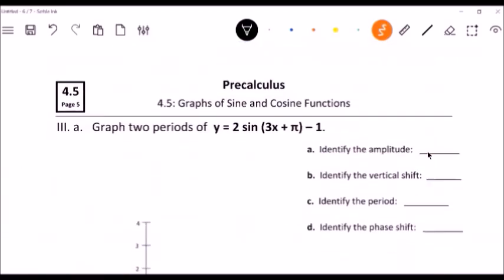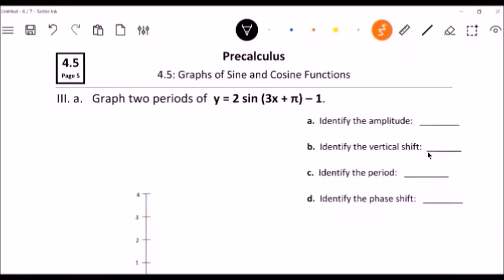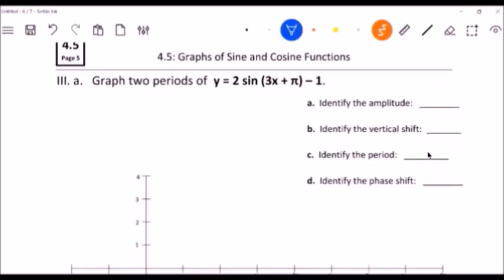All right, let's take a look now at one that has all of these things. Okay? So we have an amplitude, absolute value 2. We have a vertical shift of -1. And we have a b of 3 and a c of pi. So for the period, we do 2 pi over b, which is a 3. 2 pi over 3.